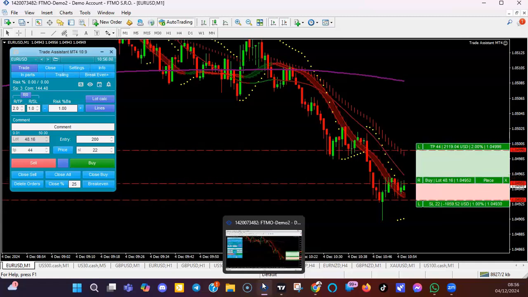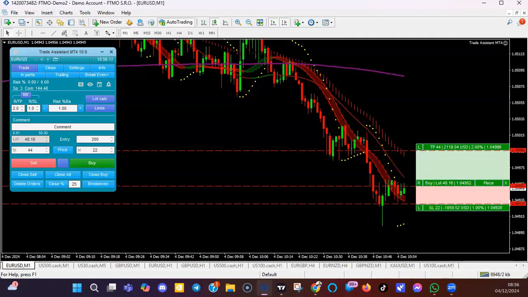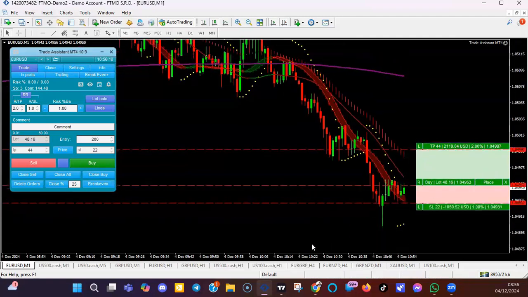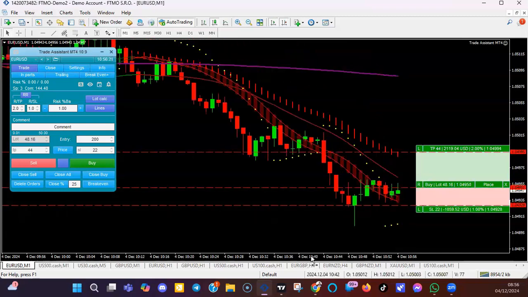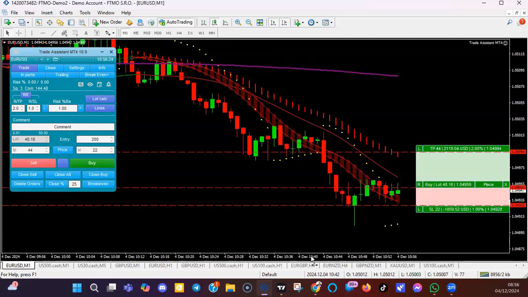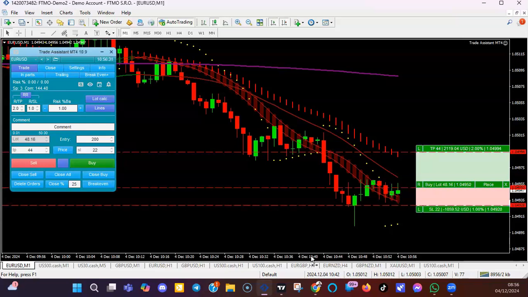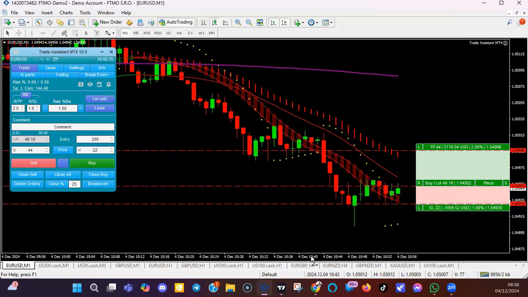More sideways action. I think the fact that the French are in turmoil a bit is probably the reason why we're seeing all this sideways action, really, because we're just not sure about the French government, what's going to happen.